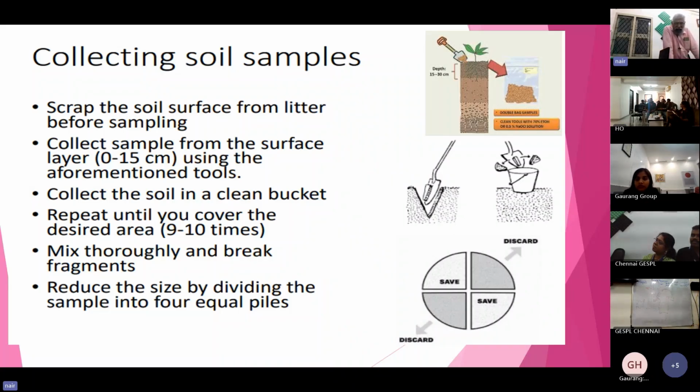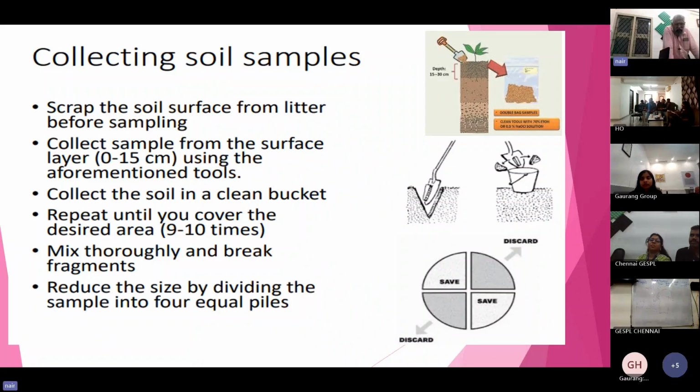Then for other things they will air dry. After air drying, they will separate the fine particles, grind it, sieve it and then take the sample of 1 gram, 2 gram, 5 grams. That is enough. So maximum quantity for all the parameters of the analysis may require maximum 10 to 15 grams.